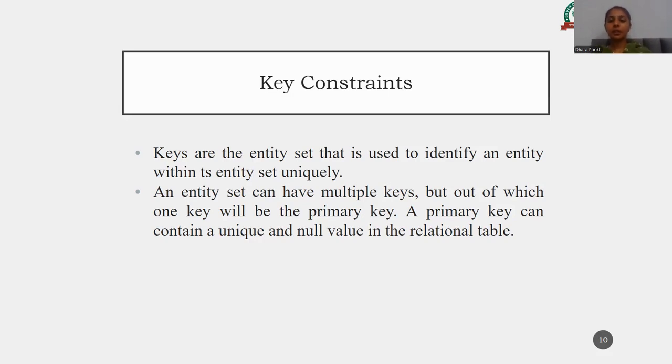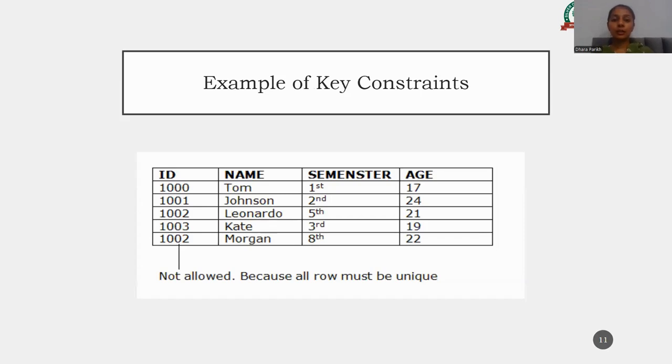Let's go through an example of the key constraint. Here is a table with column names ID, name, semester and age. There are five rows of data, with a number data type, a string data type, a number plus string data type and a number data type.